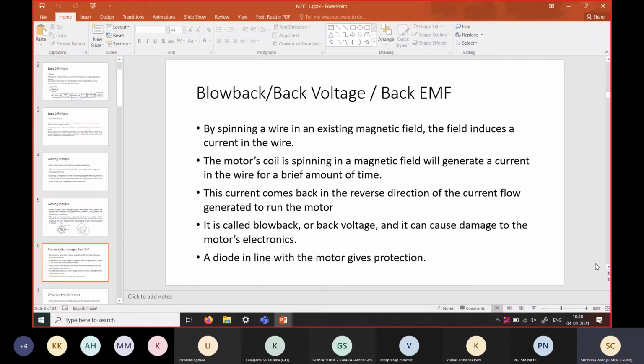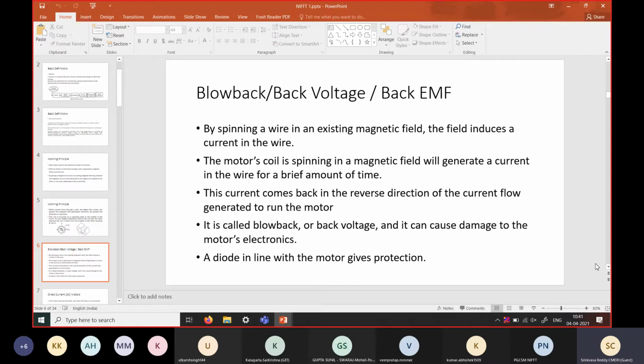This back EMF is generated whenever we rotate the motor, not only when we are supplying energy, but even in normal operation it keeps on generating some back EMF. As we increase the speed of the motor, the back EMF also continuously increases.